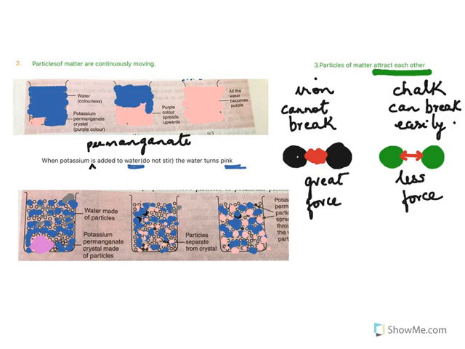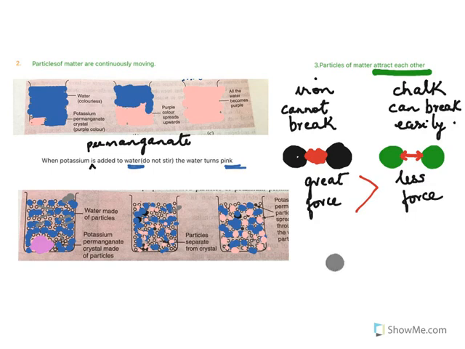So since the force between the iron particles is greater than the force between the chalk particles, we can easily break chalk, but we cannot break iron because there is a strong force of attraction between them. Hence we can say all the particles in matter are attracted to each other by a force of attraction.